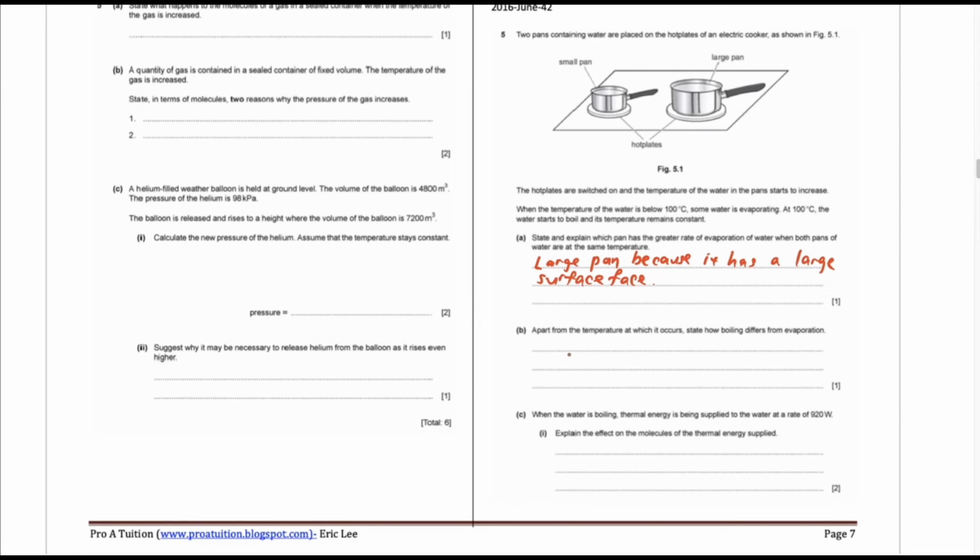So that is one of the common answers. So boiling occurs throughout the liquid, while evaporation occurs on the surface of liquid.